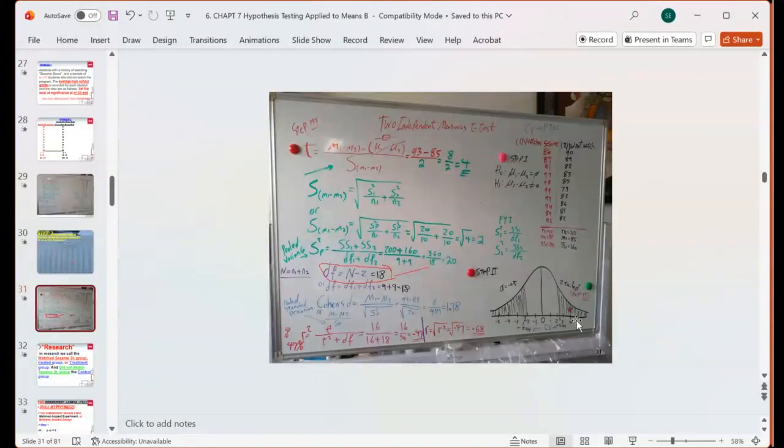Since it's positive, you see that red dot on the right side of the bell-shaped distribution, that's where the 4 is. It's right in the rejection zone. Therefore, our decision is reject the null.